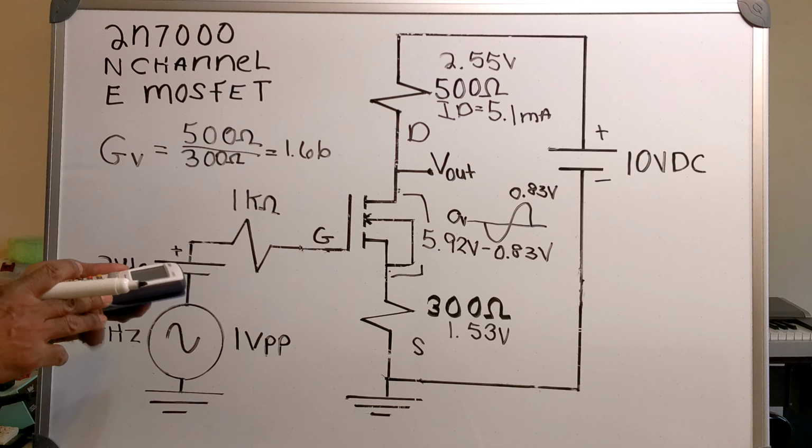Now, this 5.92 volts will be added to my 1.53 volts, and what that will do is that will raise my 0 volts here up.